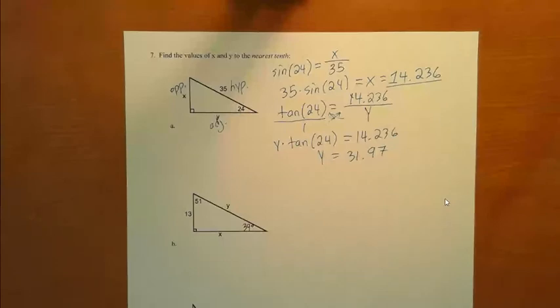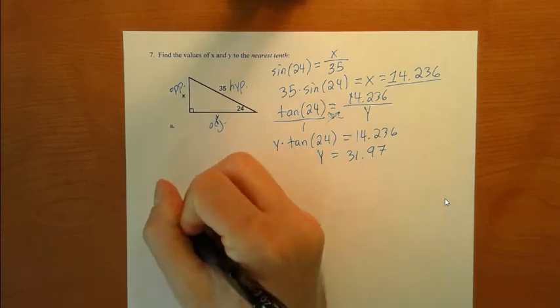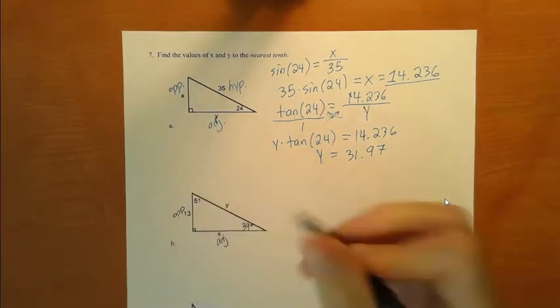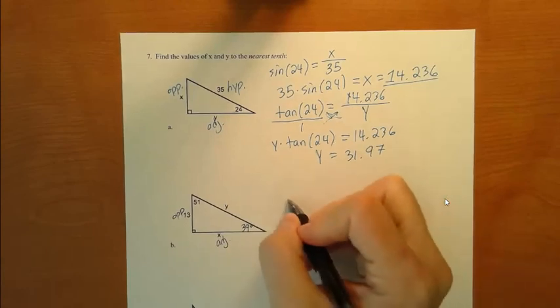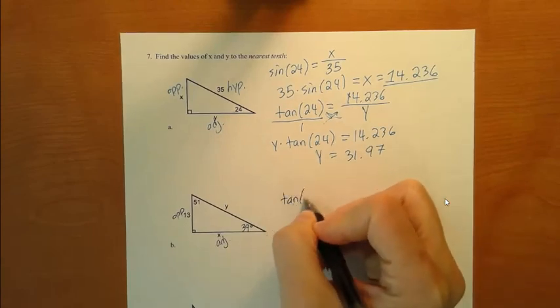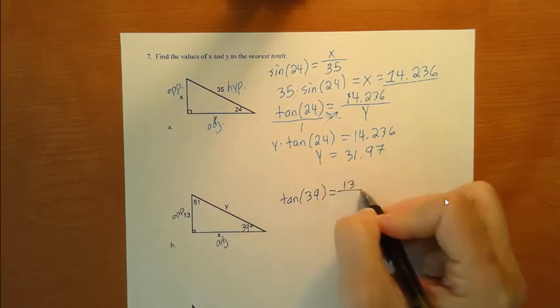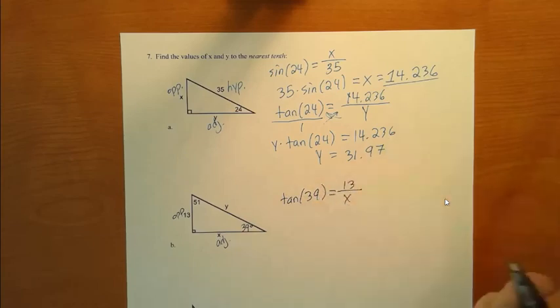So if I want to think about the easiest way to approach this problem, what I would probably do is try to find my x value first. So I could use the 13 as my opposite side and the x as my adjacent side. So now I would do tangent of 39 degrees would be 13 over x.